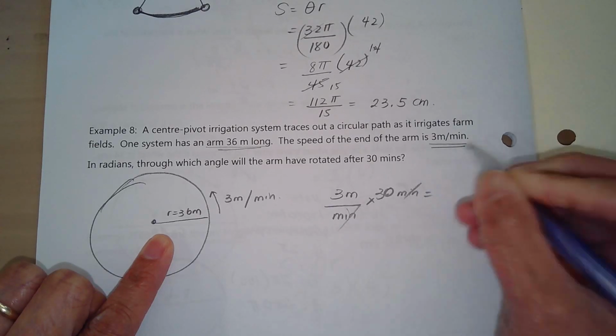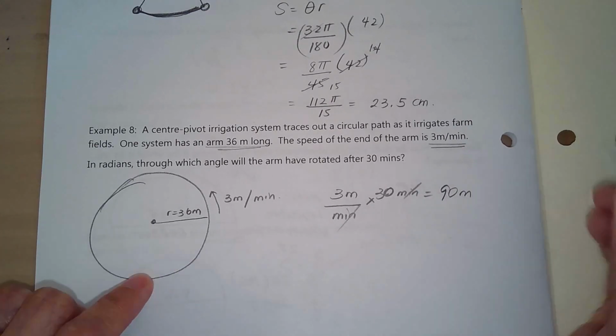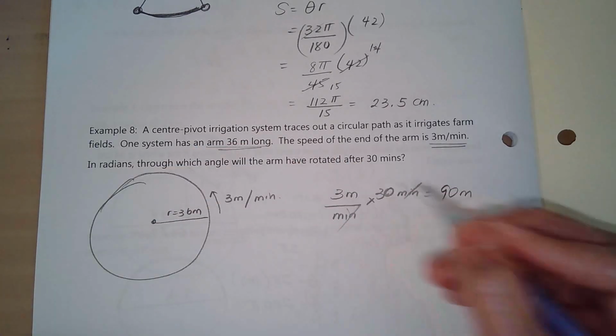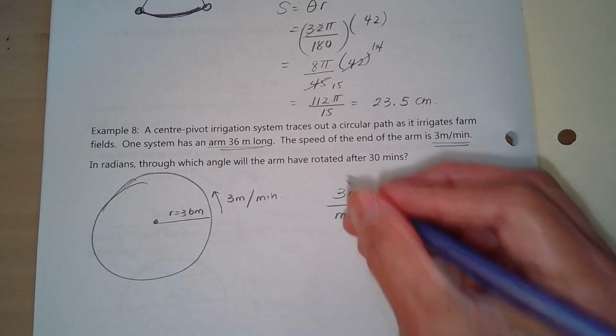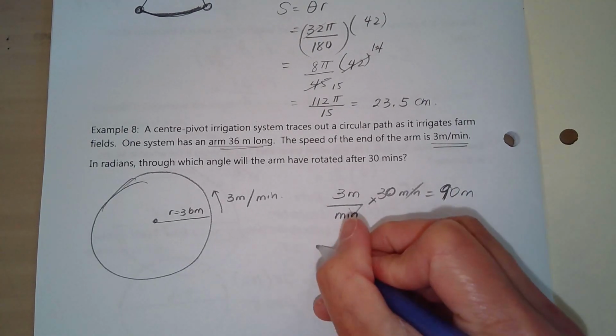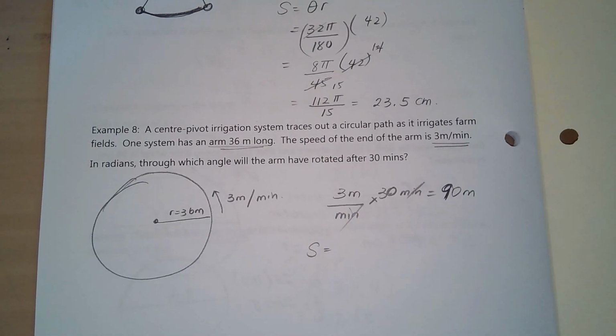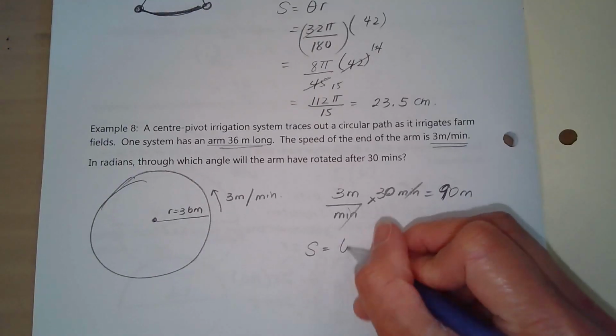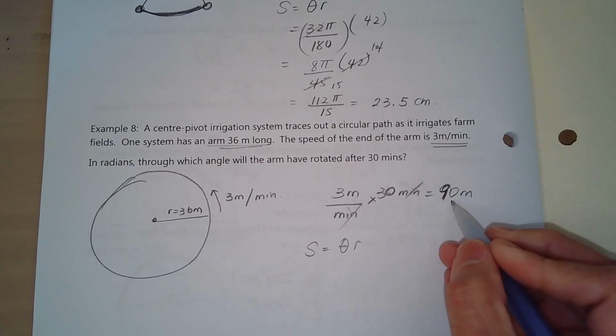The minutes cancel, so that becomes 90 meters. So it will rotate 90 meters. What's that 90 meters? That would be our S value. Rotated already 90 meters, so S equals theta times R.